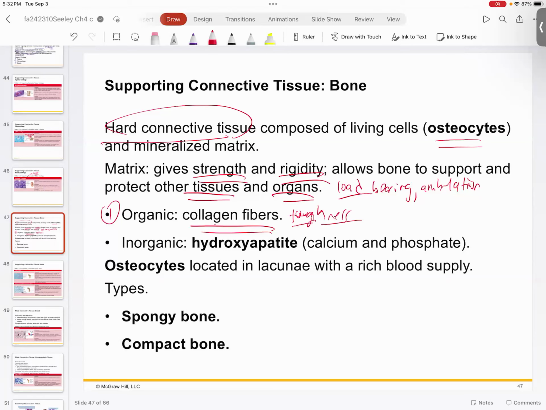But if you just stopped there, you wouldn't be any different than, say, a ligament or a tendon, some of that dense regular connective tissue. So the question is, how is bone different? Well, bone is different because it's got another component to its extracellular matrix. It's got an inorganic part as well, not just organic. The inorganic part is composed of a couple of different things.